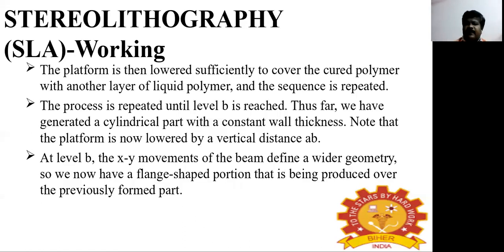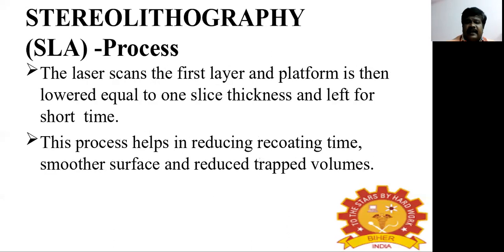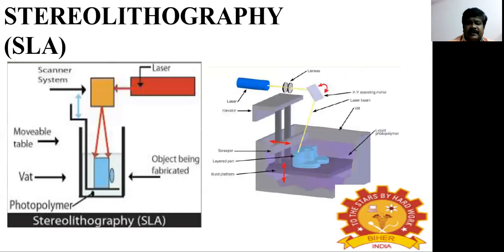The platform is then lowered sufficiently over our cured polymer, as you can see in the figure. Another layer of liquid is applied, and this is sequentially repeated till our level B is reached, as you can see in the figure.